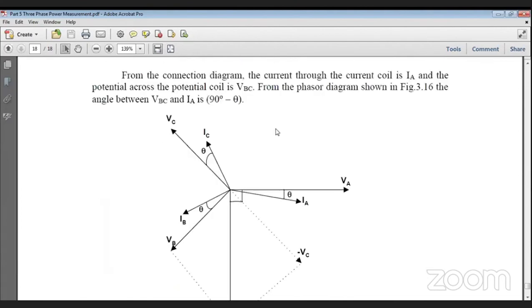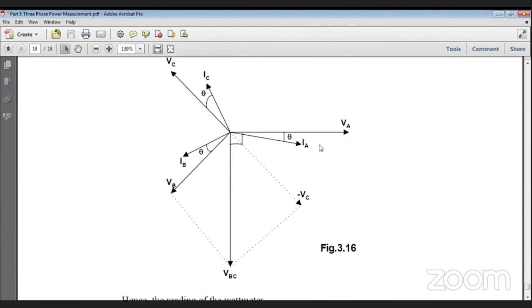So what is the wattmeter reading? VBC, which is VL, times IA, which is IL, multiplied by the cosine of the angle between these two, VBC and IA. So it is cos of 90 minus theta. So it is sine theta. So the result is VL IL sine theta. So see, this is a wattmeter, but it is giving the reading of VL IL sine theta, which is not active power, which is reactive power.